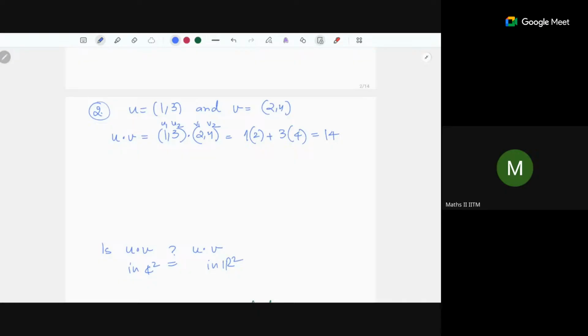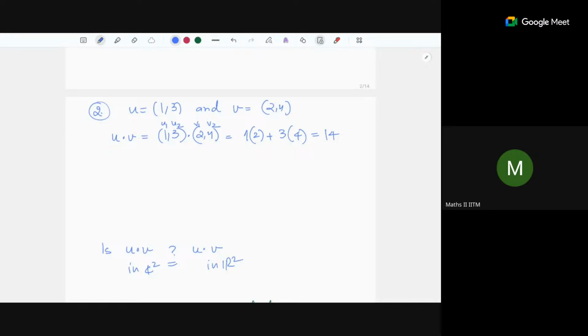So what we can say, what you have noticed from this, is that if you apply the complex inner product on vectors which are in R2, which sits inside C2, then you can think of R2 as a subset of C2.